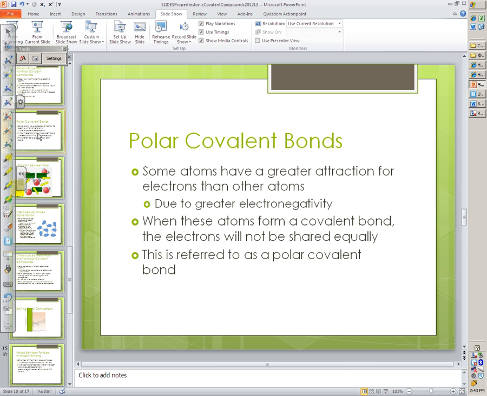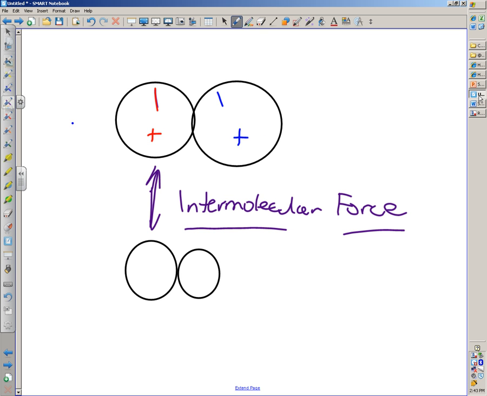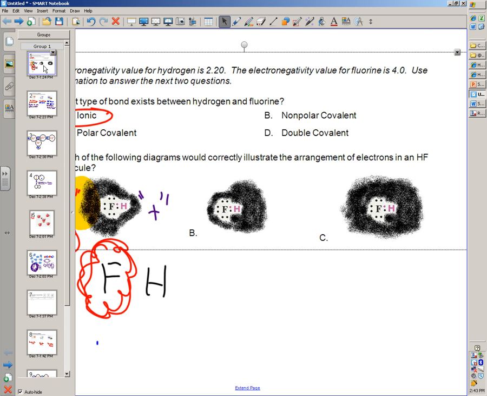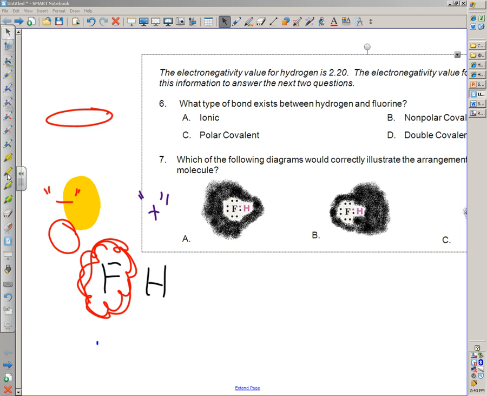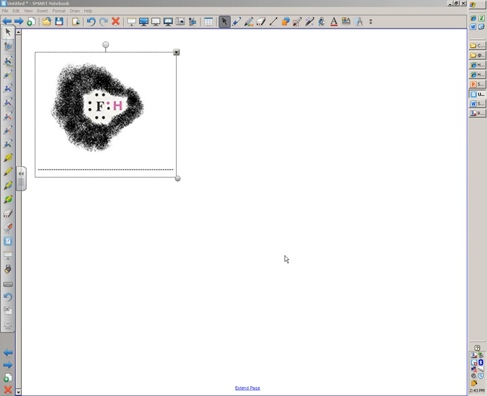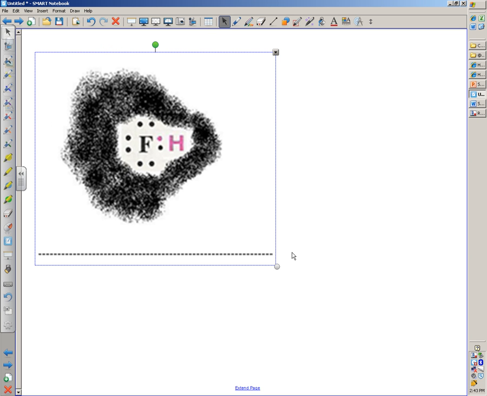So, what does it end up looking like? It ends up looking like this, right? What did we say the cloud represented? Where the electrons are likely to be found, right?